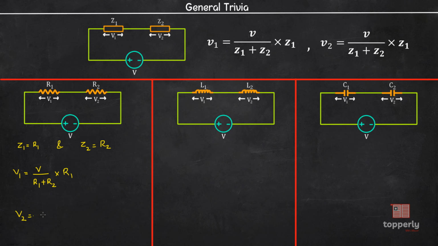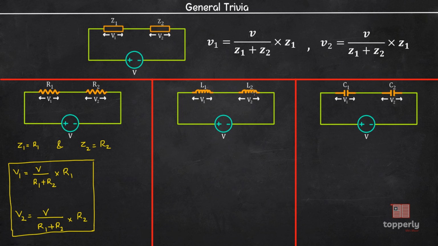Similarly, V2 is equal to V by R1 plus R2 into R2. So this is the voltage division rule for elements that are purely resistive.